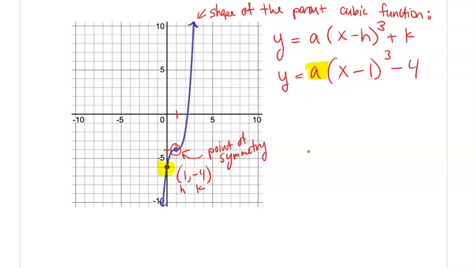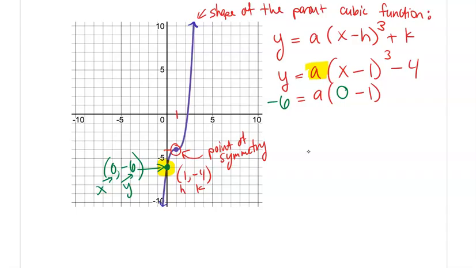So that's what the other point helps us do, because I can use that other point as a temporary x and y. So this is a point at 0, -6. That's an x coordinate and a y coordinate on the graph. What that means is that when I plug in 0 for x in the equation, I should end up getting a -6 for y.